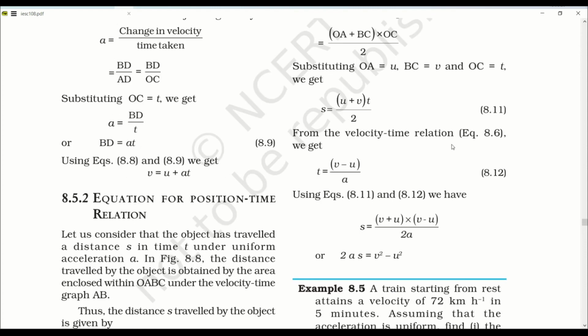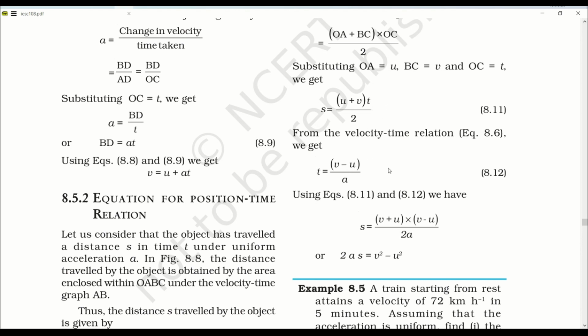From the velocity time relation that you came to know, acceleration is equal to final velocity minus initial velocity upon time. They are substituting time on the left hand side and acceleration on the right hand side. So time is equal to this. So instead of this time you are going to write this.